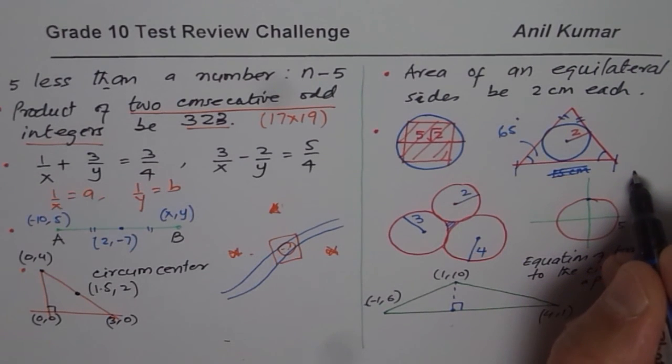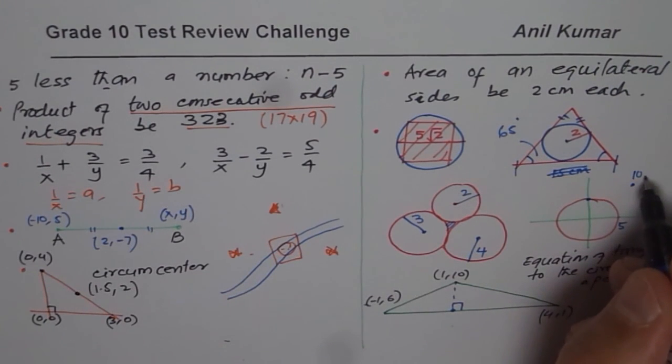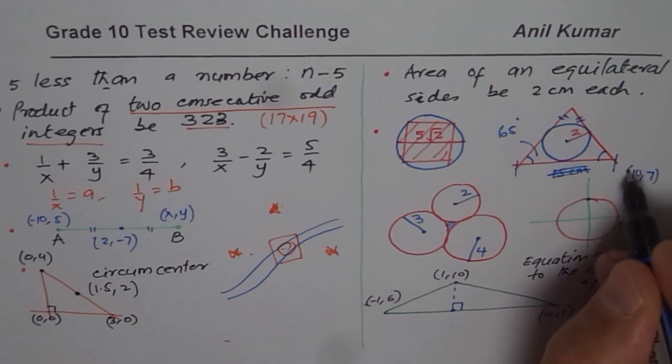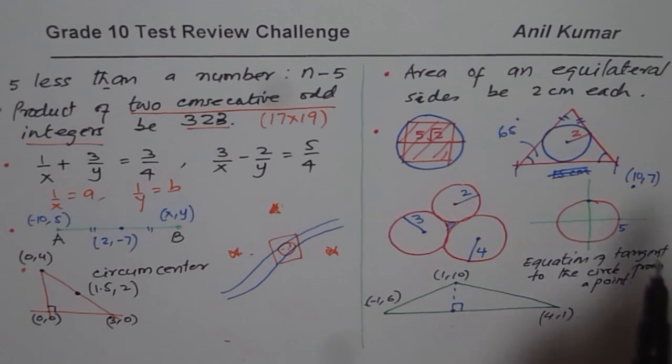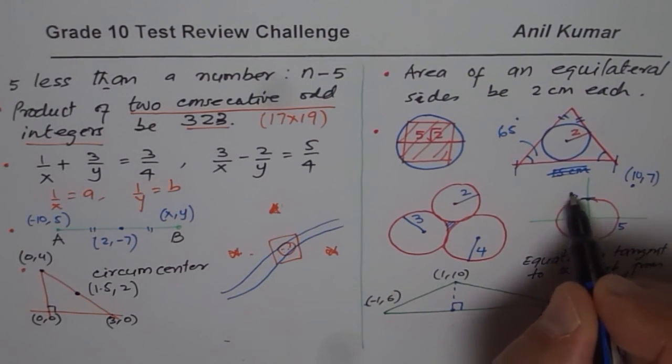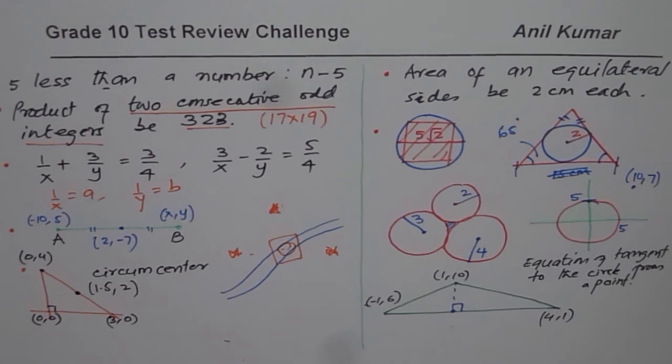Let me take a point which is slightly away, and let's say this point is (10, 7). Now you need to find the equation of the tangent from this point to this circle with center at the origin and of radius 5 units.